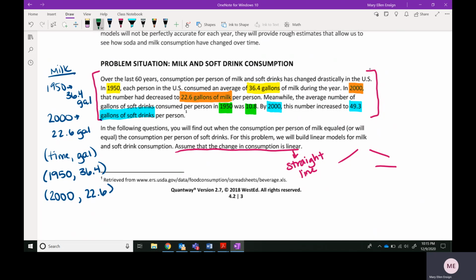So for soft drinks, we know that in 1950, 10.8 gallons per person on average. In 2000, 49.3 gallons per person on average.